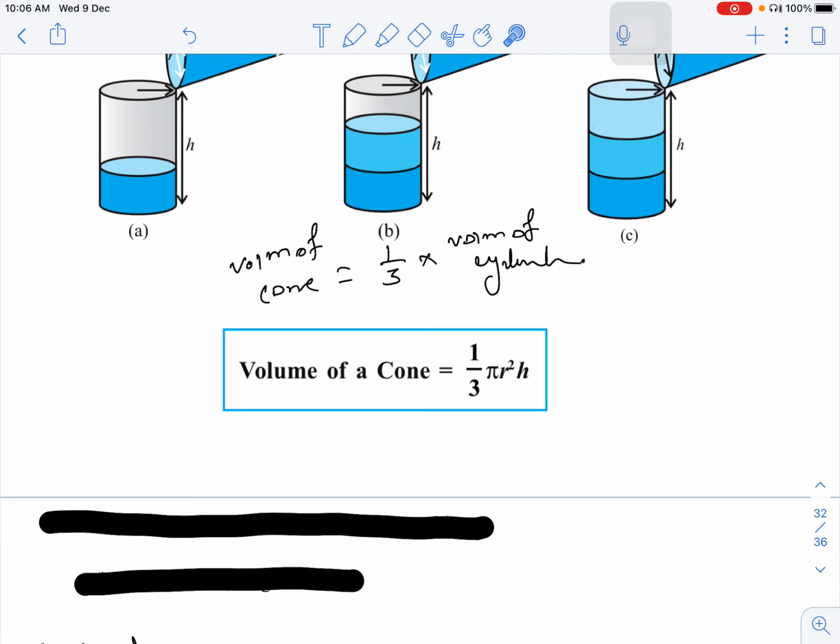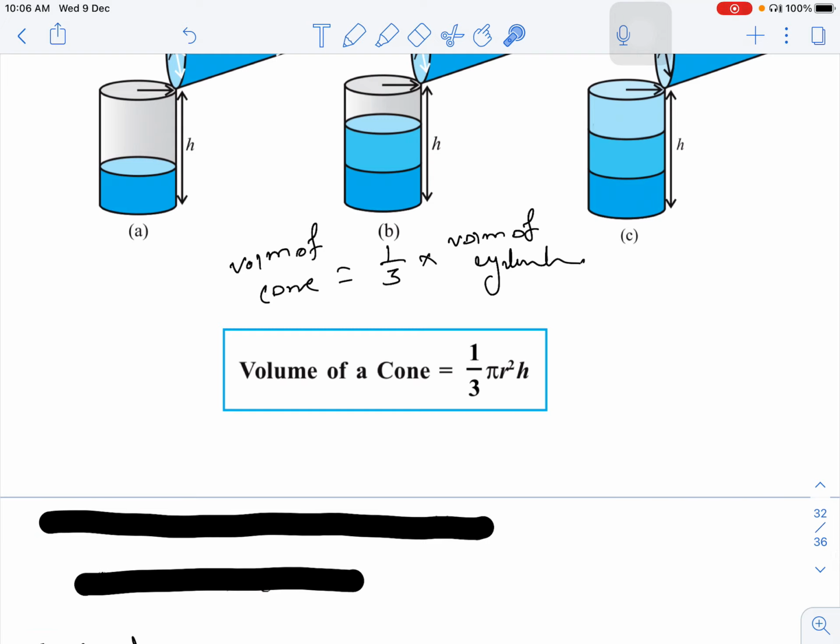This 7 is already cancelled. Our final answer will be 264 centimeter cube. So the final answer is 264 centimeter cube. Let us consider the next example now.